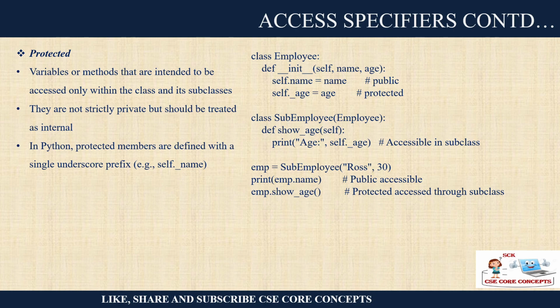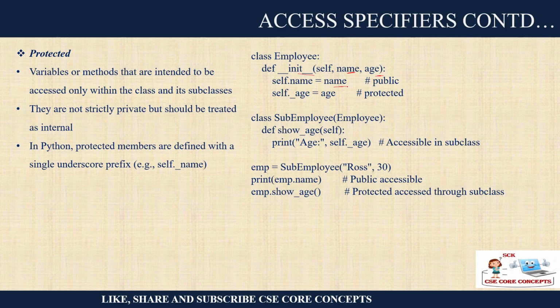The second one is protected, which is neither public nor private. If you are declaring some variables or methods as protected, then they can be used only within the subclasses. That's it. Other than that, nobody else can use them. So if you have a class Employee, this is the constructor, and you are declaring two variables here, name and age.